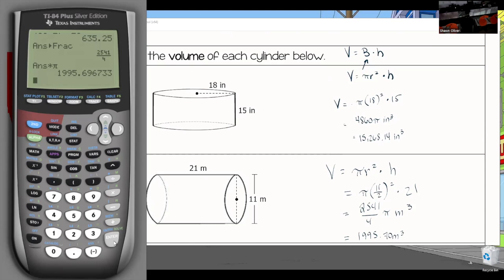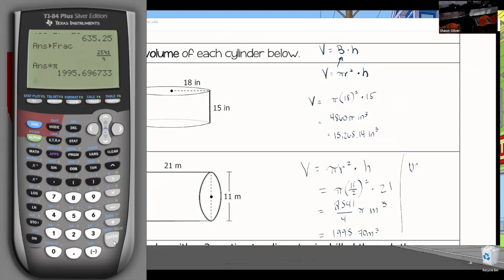Now, sometimes it'll say use the pi button. That's what we just did here. Sometimes it'll say use 3.14, and sometimes it'll say use 22 over 7. So make sure you're identifying what they want you to do. Me personally, I love the pi button because you guys know me, I like to be as exact as possible. The pi button doesn't miss. 3.14 is rounding. 22/7 is closer, but it's still round.